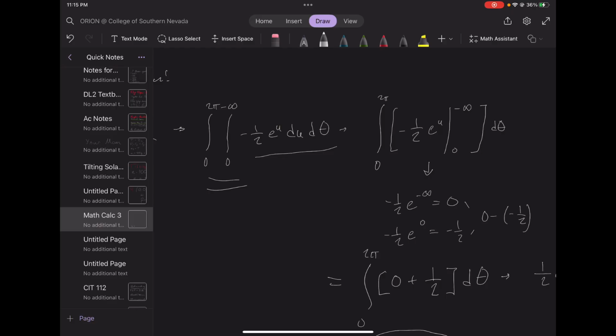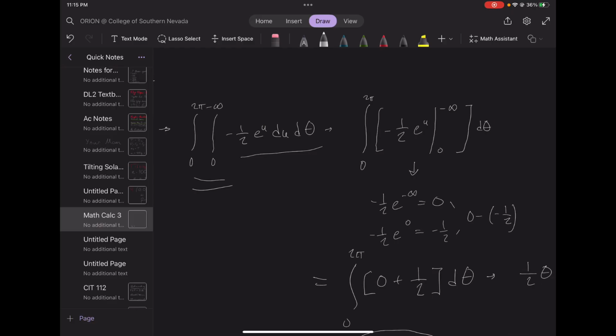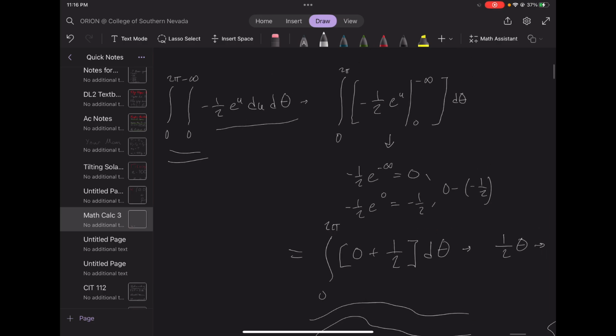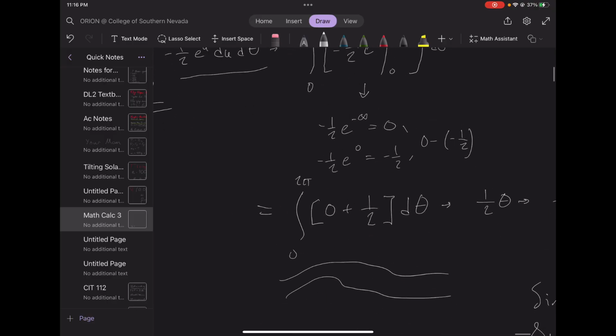When we integrate it, we get negative 1/2 e to the u, and then we put it onto the domain of negative infinity to 0. Then we do the simple subtraction of those two quantities.